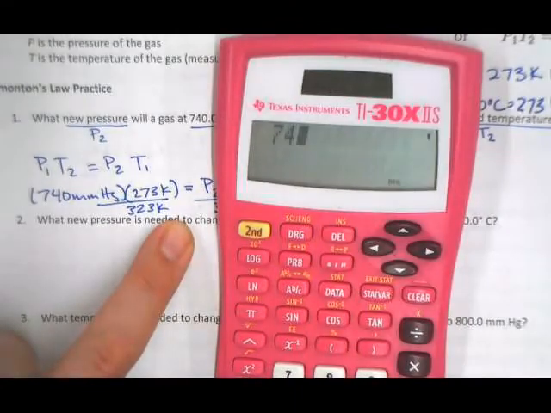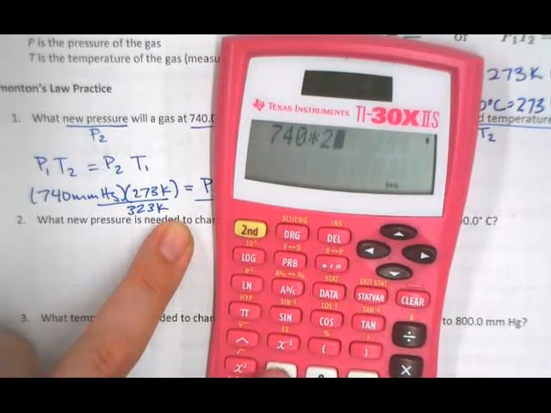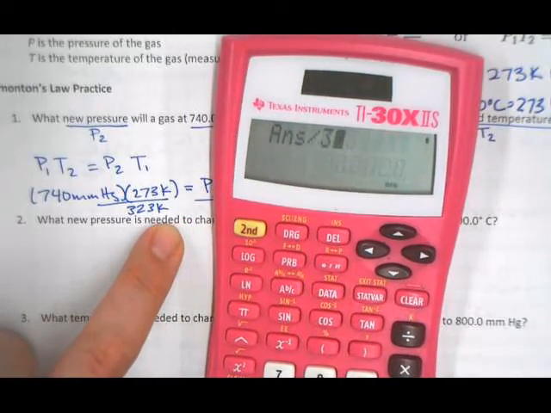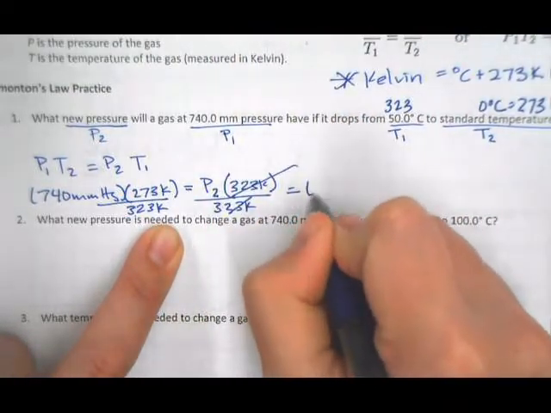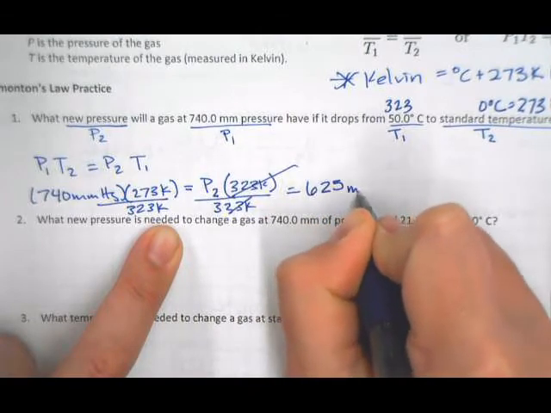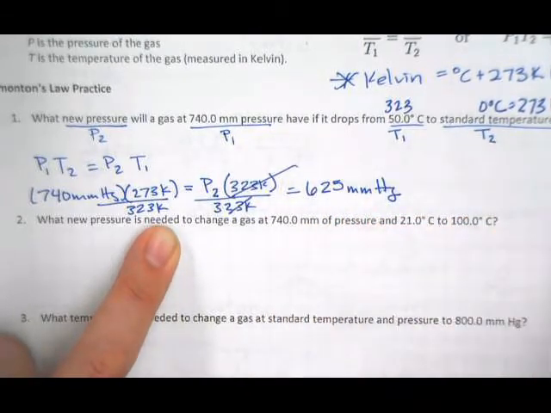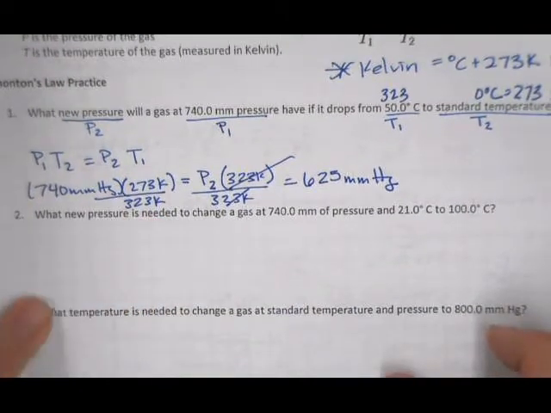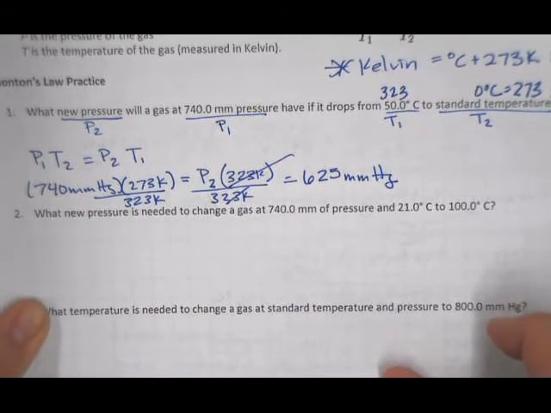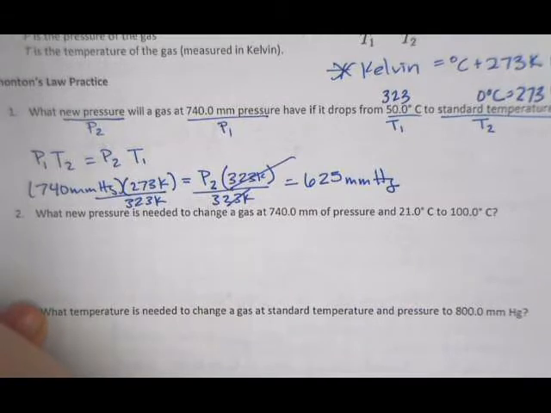I have 740 times 273 divided by 323. That's 625 millimeters of mercury. This would be a good time to pause the video and see if you can do the next one on your own, and then unpause the video when you are ready to solve it.